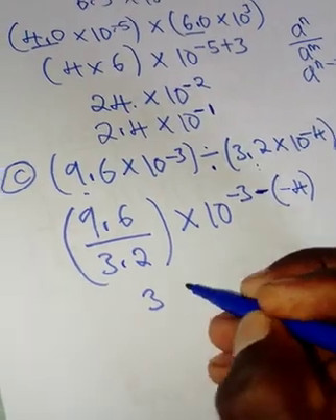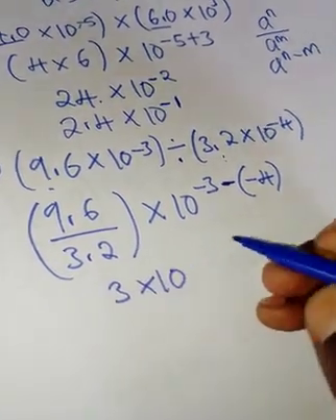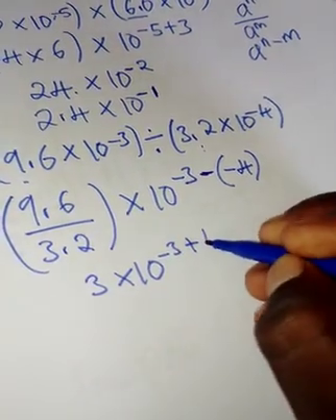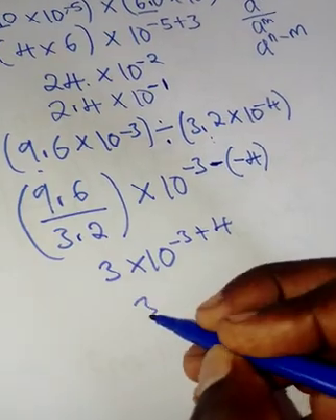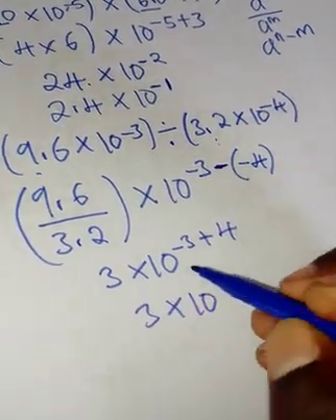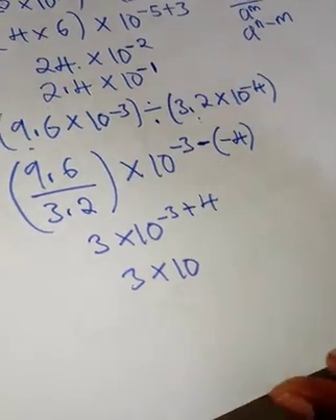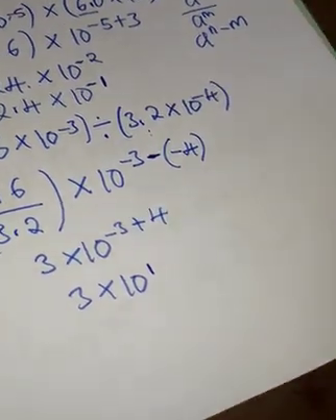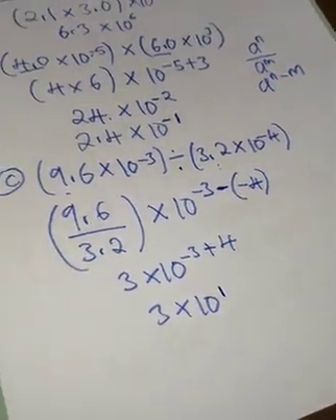So we have 3 multiplied by 10. Then here we have -3 plus 4, right? What is -3 plus 4? It's simply 1. So that is just 3 times 10 to the power 1.